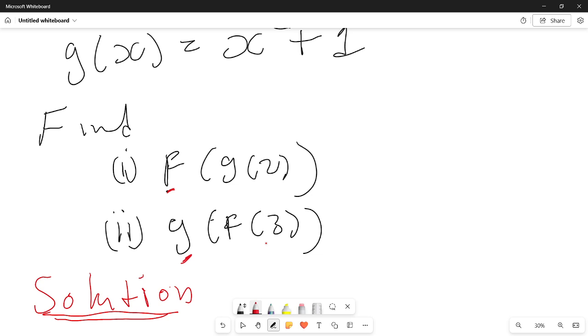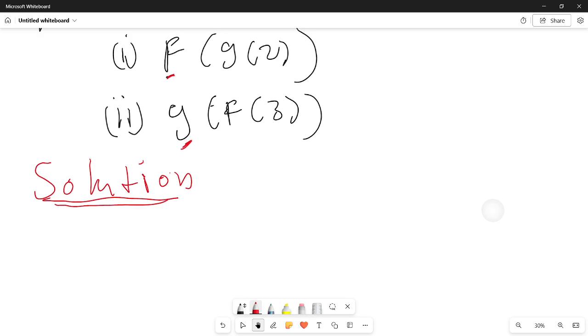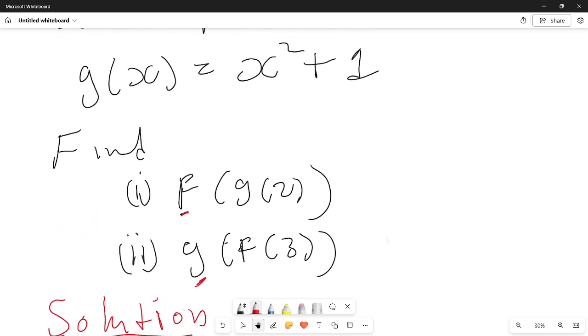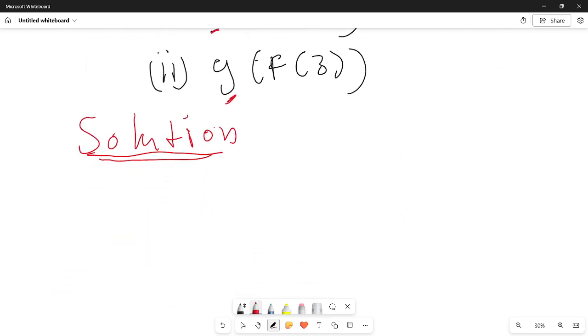Okay, so I hope you have solved, and let's solve the questions together. So let's first define what we are given. We are given that f of x is equal to 3x minus 2.